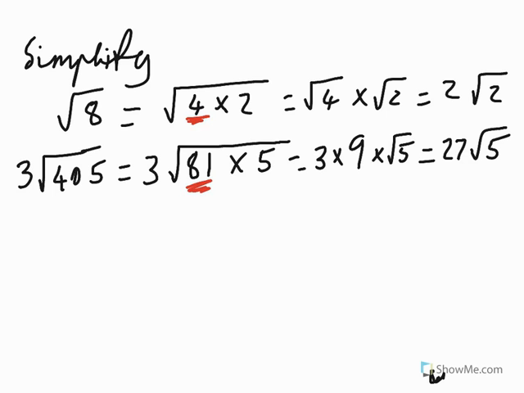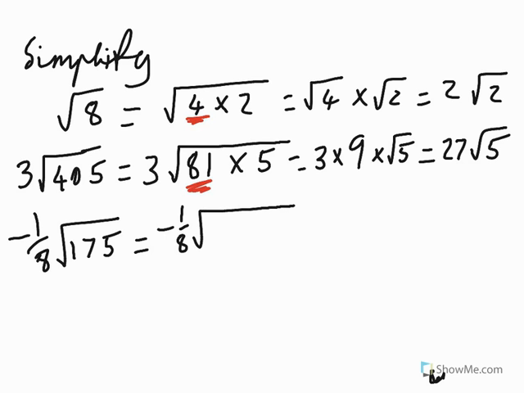Then if we do another one: negative 1/8 square root of 175, so negative 1/8 is out the front. We're looking for numbers that go into 175; of course 5 will, but 5's not a perfect square, so what perfect square goes in?